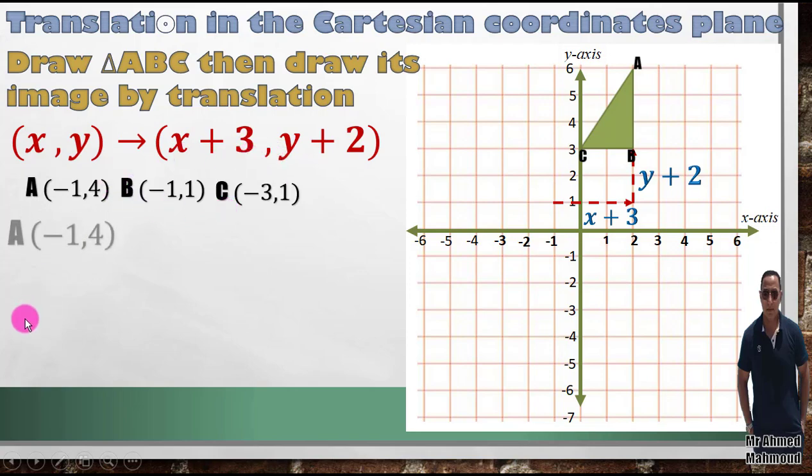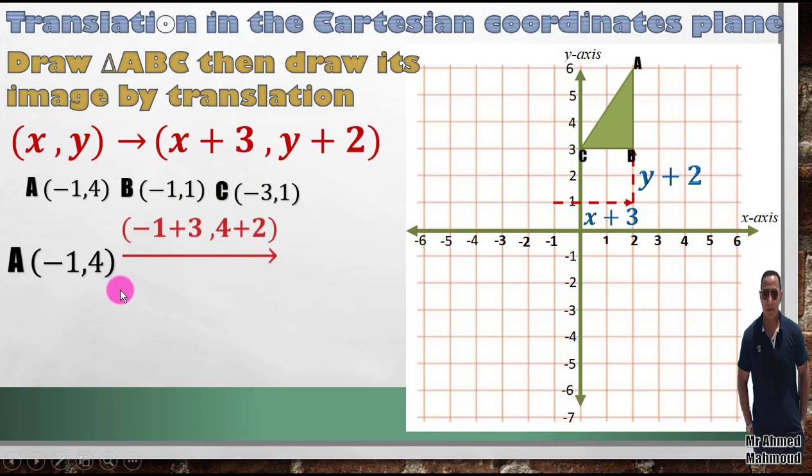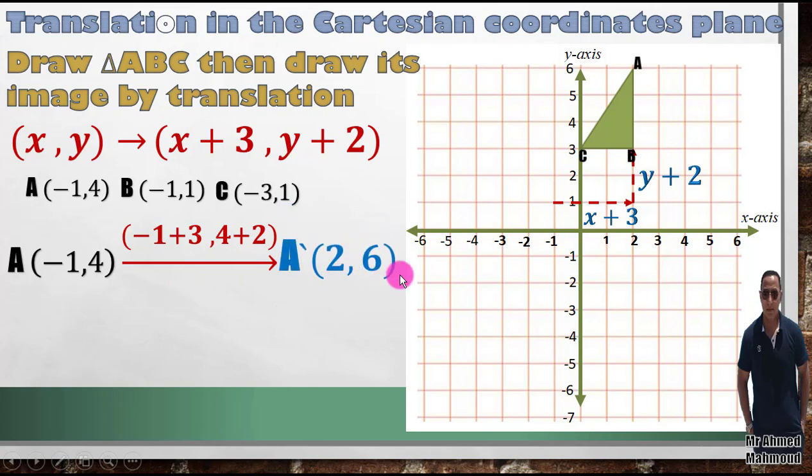A equals (-1, 4), and the translation means x + 3 and y + 2. So I'm going to add -1 + 3 and 4 + 2. -1 + 3 equals 2 and 4 + 2 equals 6. So A' equals (2, 6).